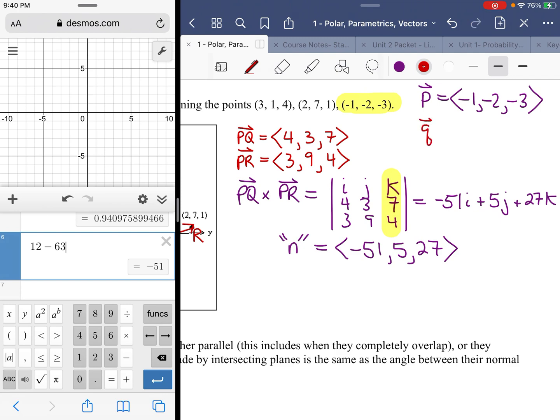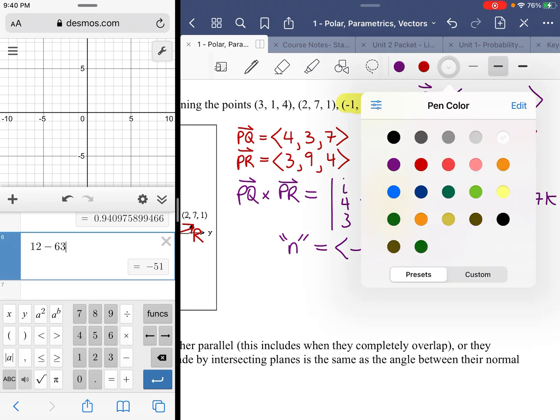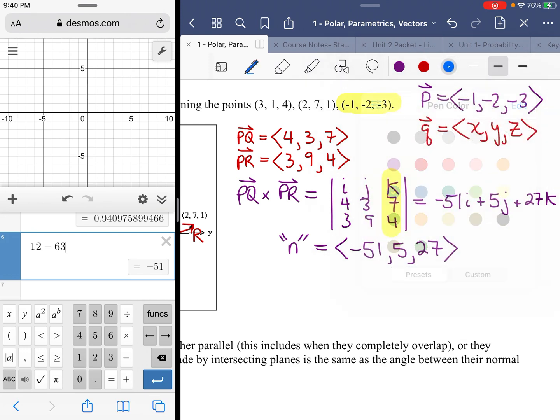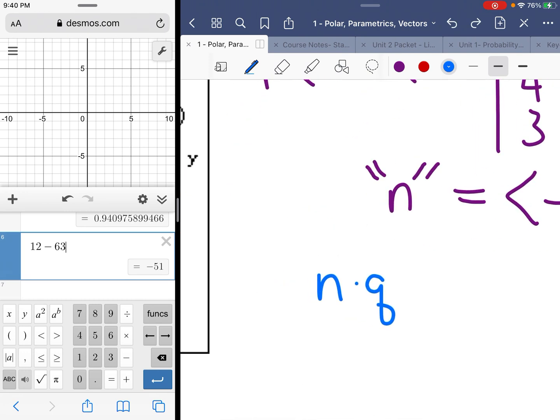So I'll use a lowercase q to represent the variable vector xyz, just so I don't confuse that too much with the Q that I already used as one of the points. So I need n dot q, and then n dotted against p.